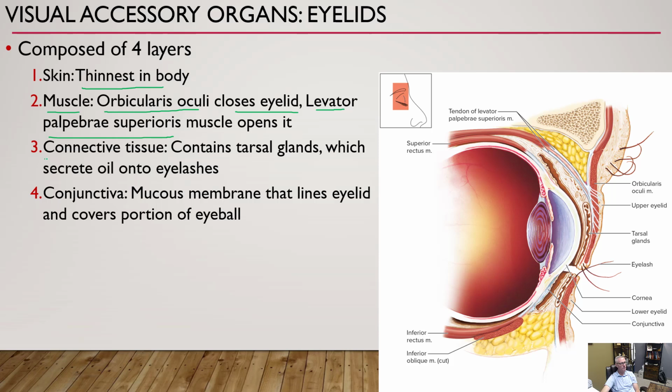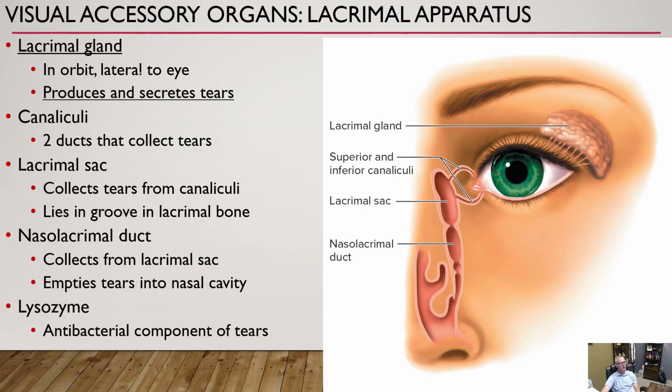We also have connective tissue, and then we have conjunctiva, which is a mucous membrane that lines our eyelid. So I said that we have our lacrimal gland that produces and secretes tears. Actually, in our lacrimal gland, there's some antibiotic properties. It contains this enzyme called a lysozyme.